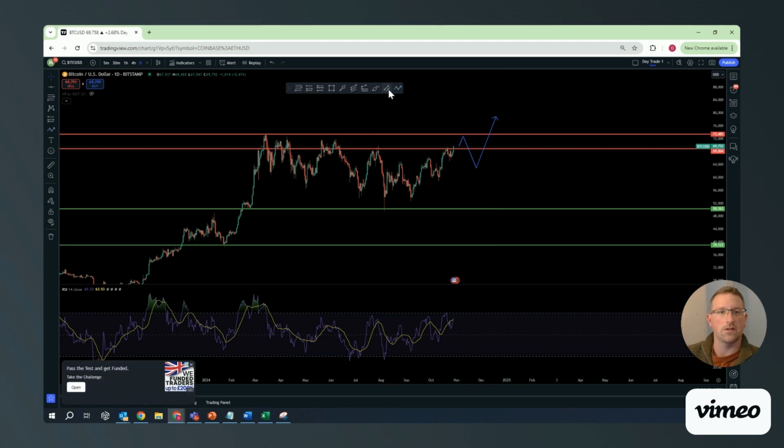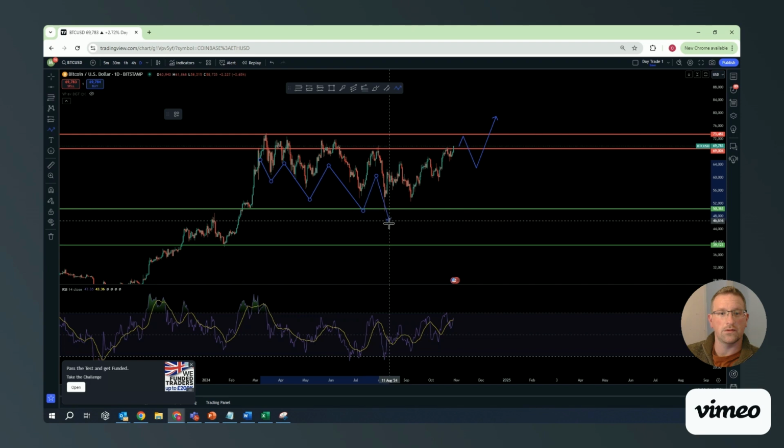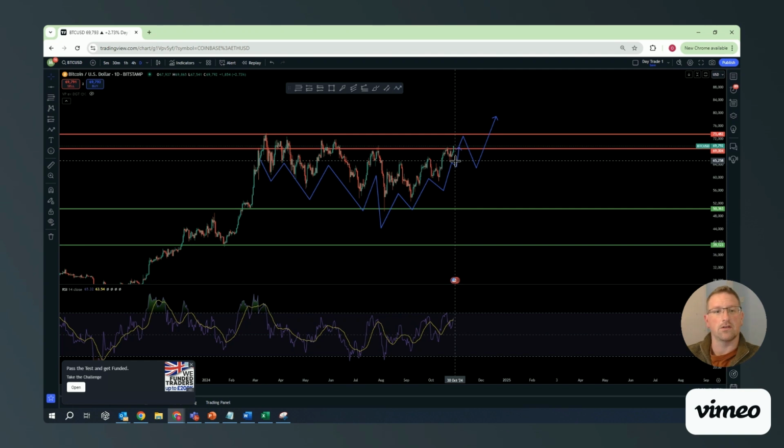When it rejected, we had this push down, small push up, a bigger push down, small push up, bigger push down, and now you're starting to see it reverse back up, right? Forming the same structure that I showed you in the other chart.